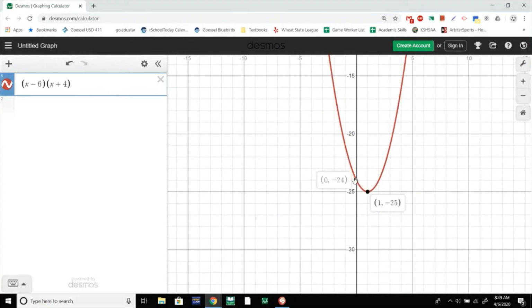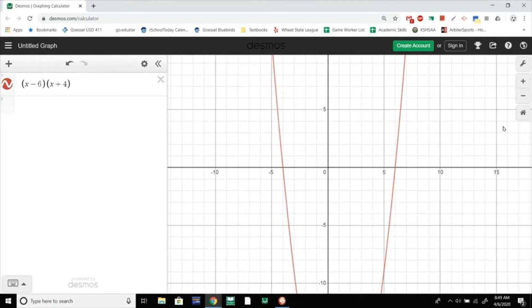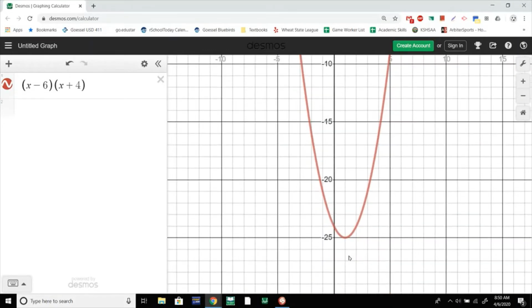And if you double distribute, guess what your c value should be? Negative 24. There's your y-intercept. Okay, domain is all real numbers. This goes forever left and forever right. And the range is greater than or equal to this negative 25. So graphically, that's what we're looking at with this.